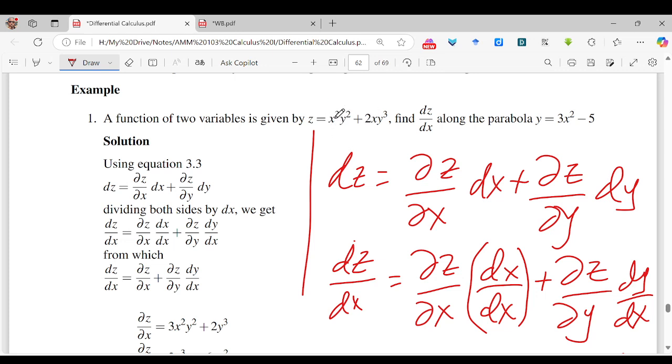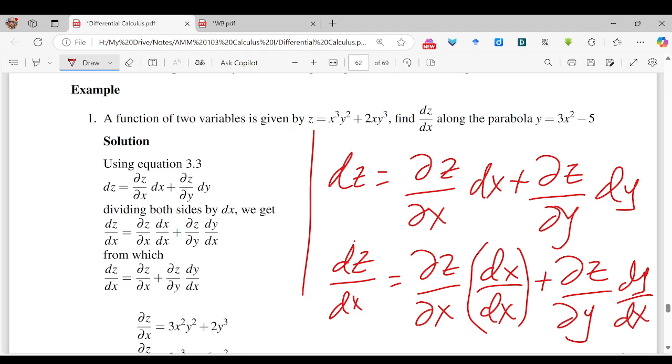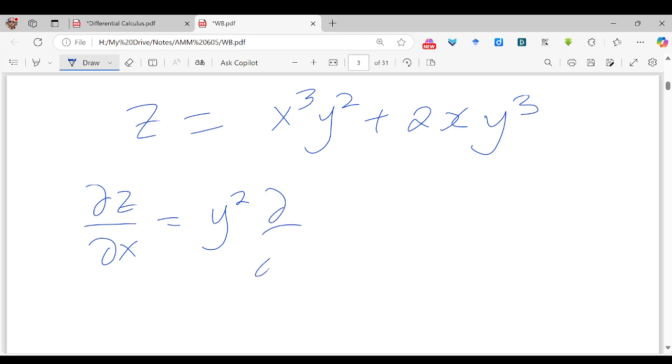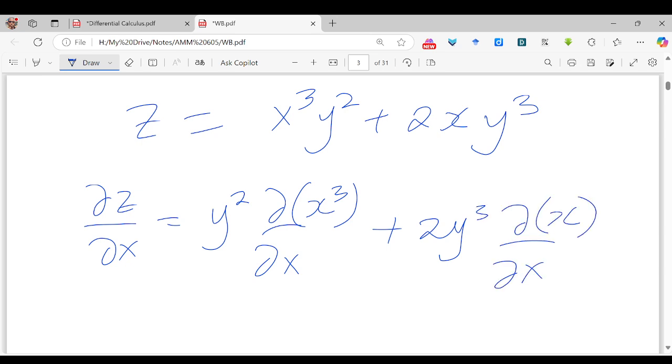Since z equals x cubed y squared plus 2xy cubed, if we want to find the partial derivative of z with respect to x, then we hold y constant, so we write y squared, then we differentiate x cubed with respect to x, plus 2y cubed, then we differentiate the quantity x.